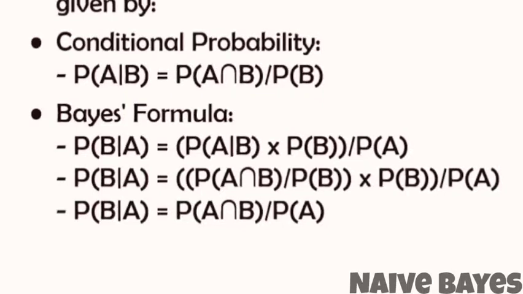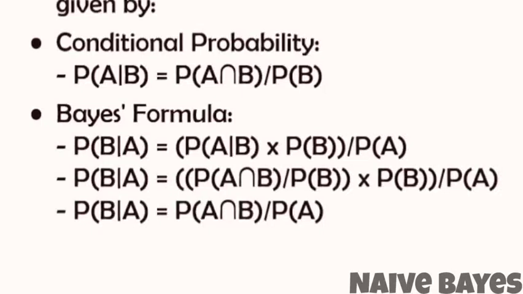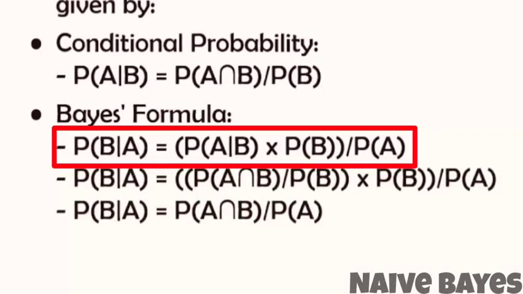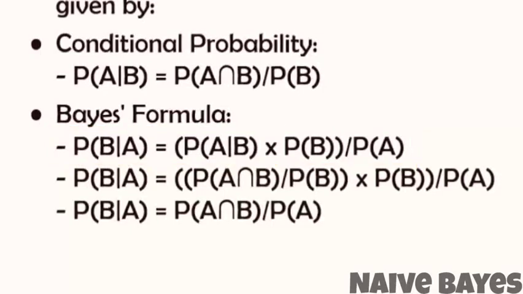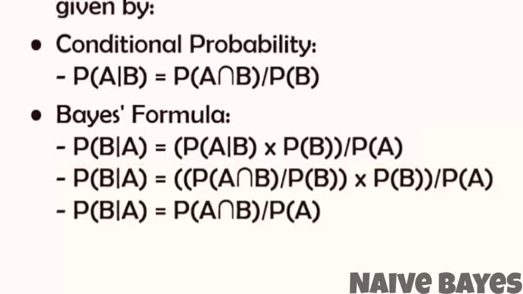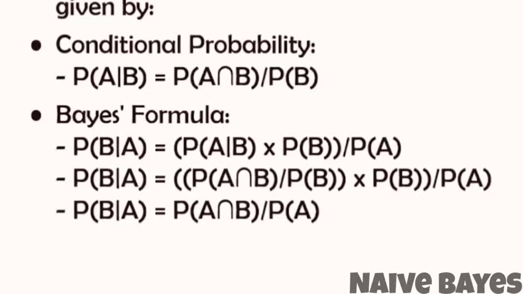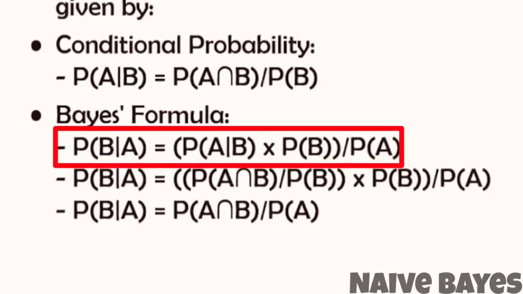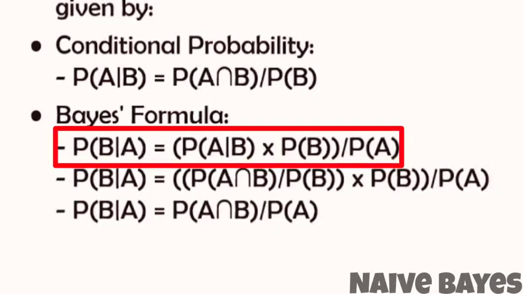That means the probability of hypothesis A on the observed event B, and probability of B by A is the likelihood probability, the probability of the evidence given that the hypothesis is true. So this is why we use the Bayes formula. Again, the Bayes formula tells that probability of A by B is equal to probability of B by A multiplied with probability of A and divided by probability of B.